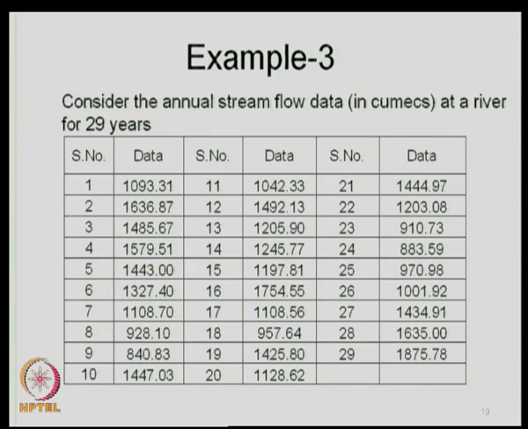So, look at this example, 29 years of annual stream flows is available and that data is shown here. This is annual stream flow data at a river for 29 years. This is the year number, and this is the stream flow data. We want to generate values from this stream flow data. If this were uncorrelated, what would we have done?